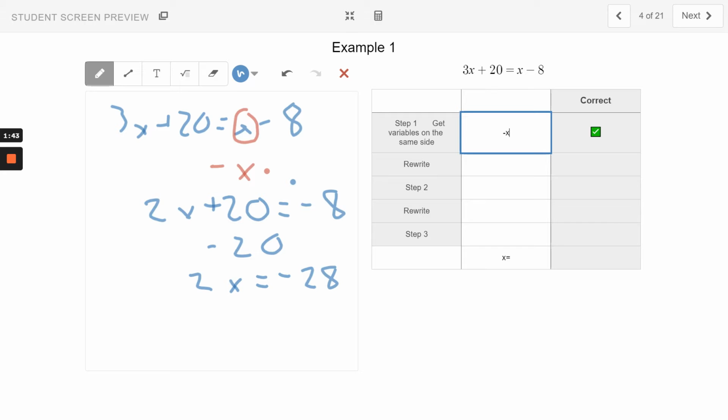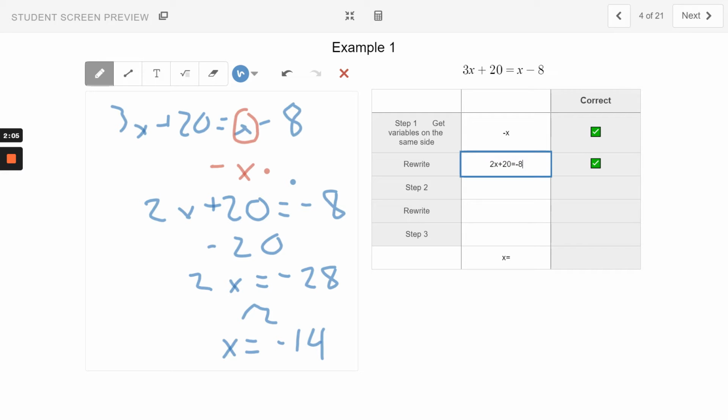Remember at the top there's a calculator if you need it. Then we will divide by 2 and get x equals negative 14. We can go through and write this into our boxes.